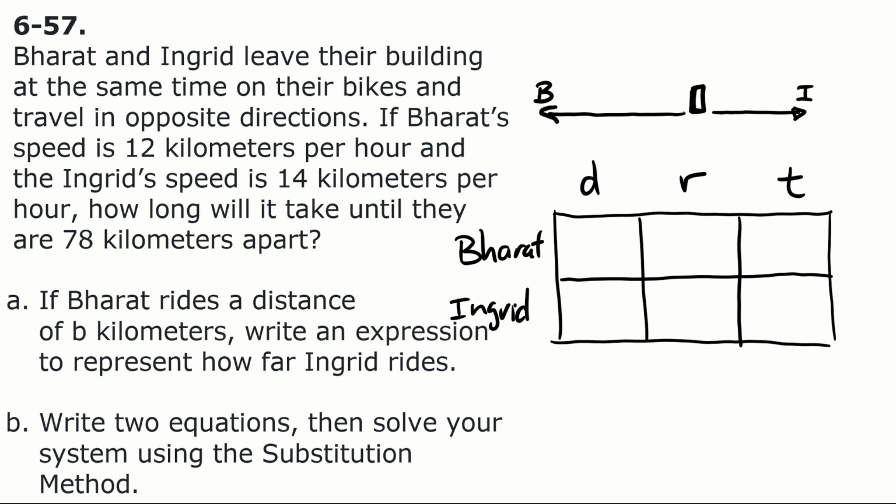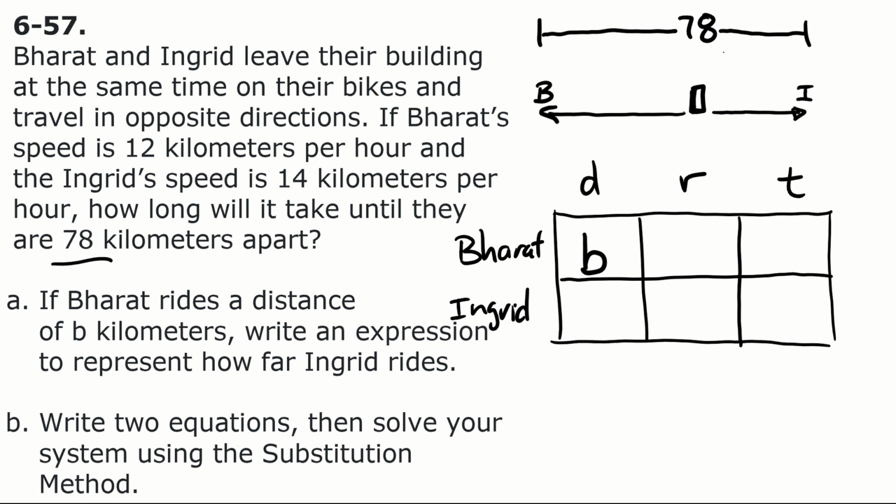And the distance is the slightly difficult part, but I want you to look at part A. It says, if Bharat rides a distance of b kilometers, write an expression to represent how far Ingrid rides. So think about this. They're riding in opposite directions, and when they're done, we know that they're going to be 78 kilometers apart.